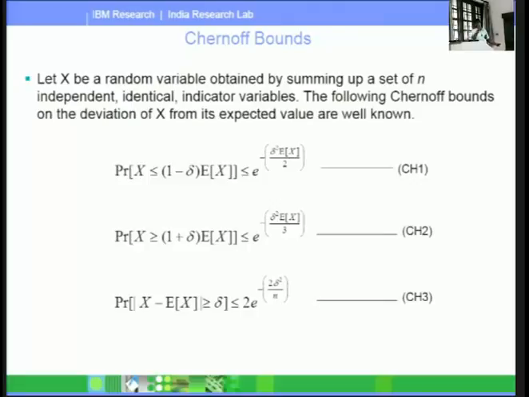It starts going exponentially small. That's the significance of this theorem or bound. And we will show that we can obtain a very useful sampling bound for association rule mining with a simple application of the Chernoff bound.